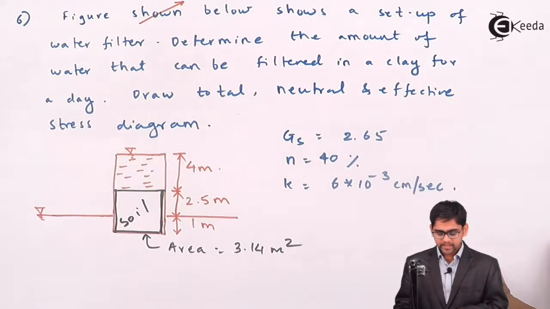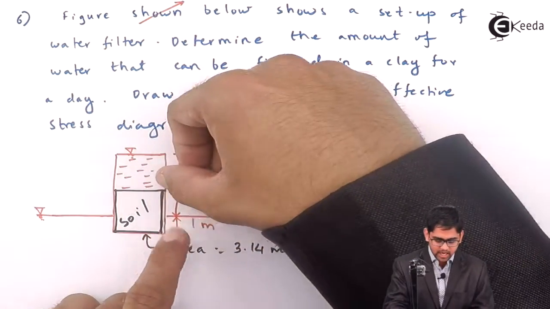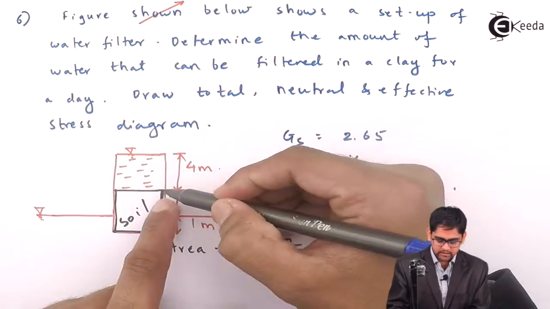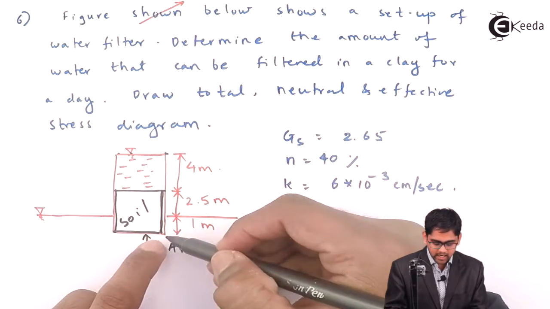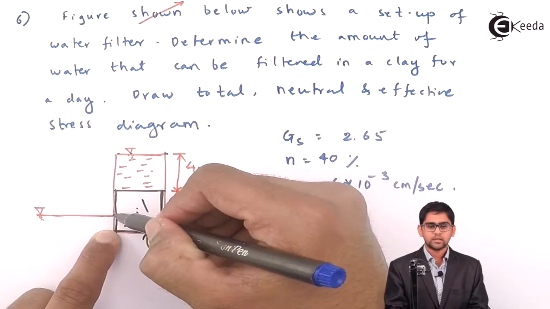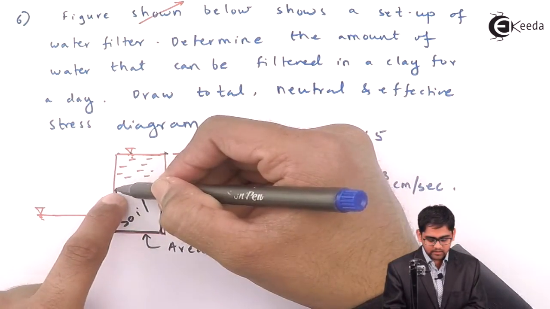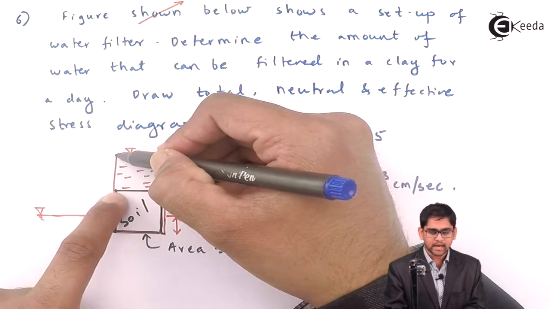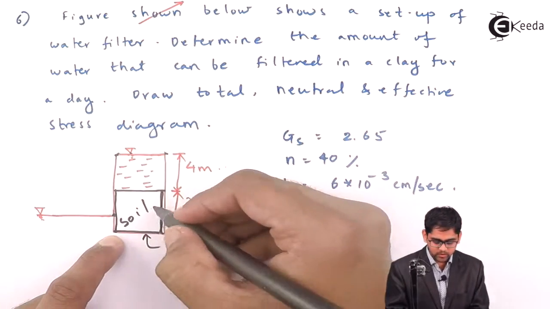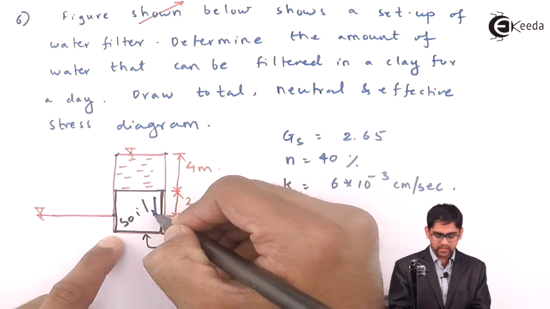As you see here, the total head at this particular face is higher. This is the total head at level A, and at this face the total head is this one. Since there is a high head at point A as compared to this face, the flow will be occurring in the downward direction.